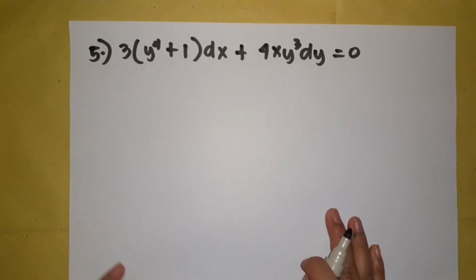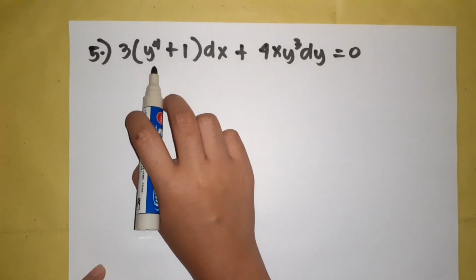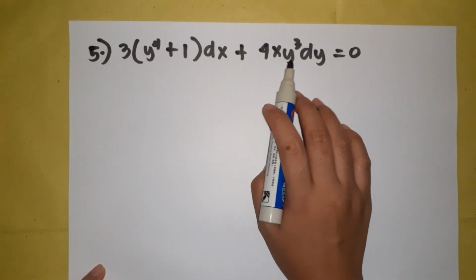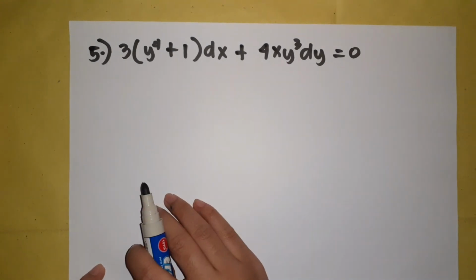So in this video, I am going to show you how to solve a non-exact equation. We have here the example: (3y^4 + 1) dx + 4xy^3 dy = 3.